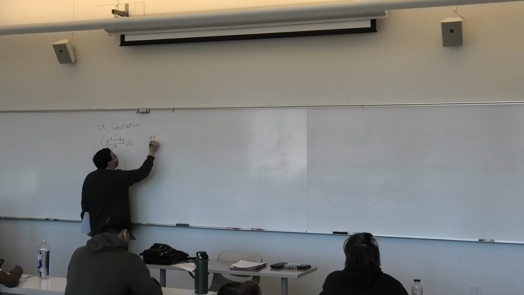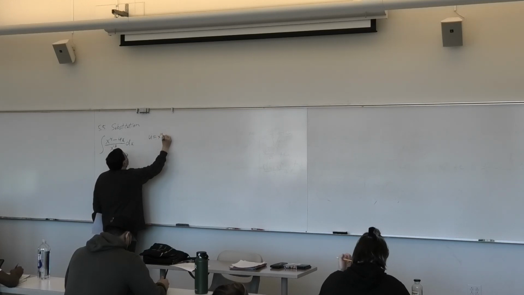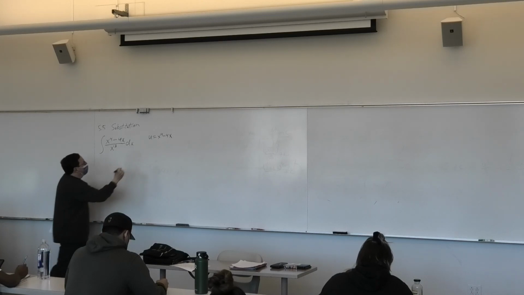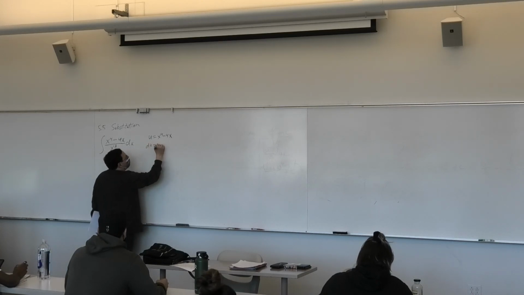The u substitution, and I used x to the fourth power minus 4x. I said to u. And then I found du was 4x to the third minus 4 dx.